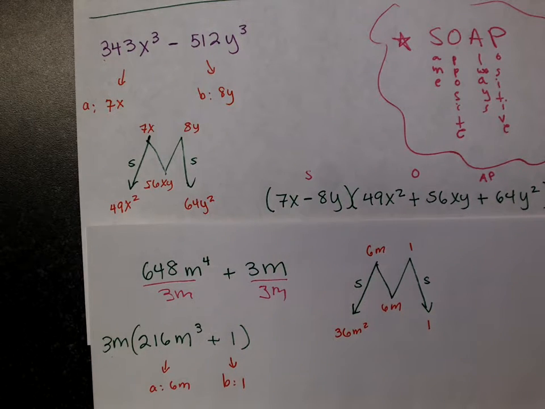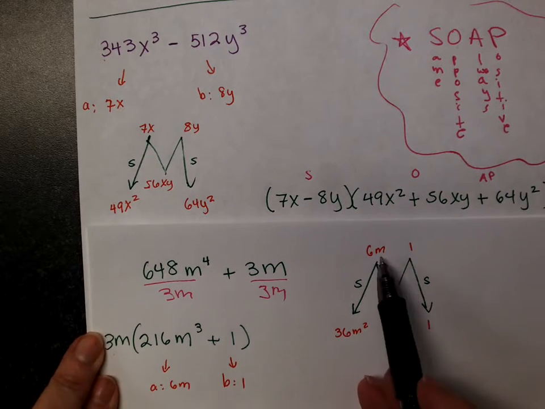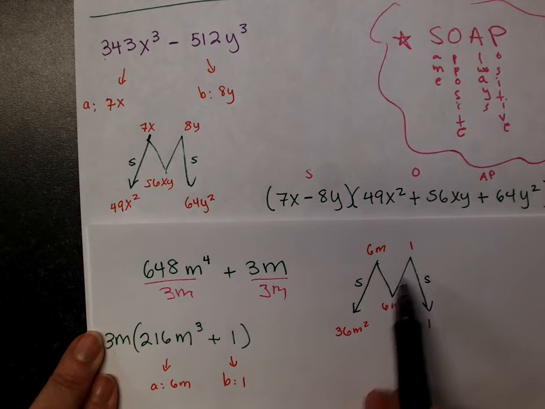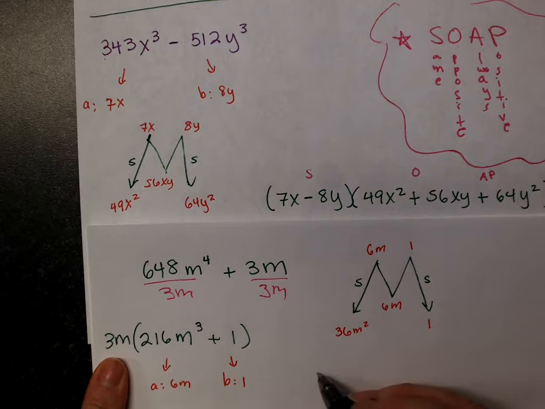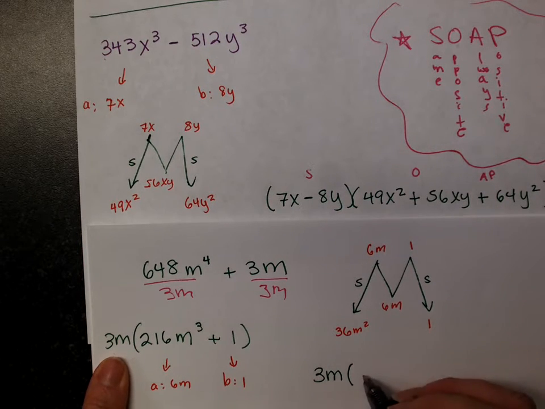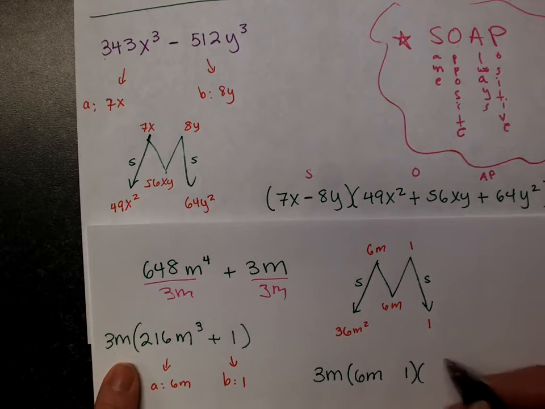Square, multiply, square. Once you have your A and B that gave you your binomial, square, multiply, square gave you your trinomial. Don't forget your original GCF. So your final answer is 3m, and then your binomial, and then your trinomial.